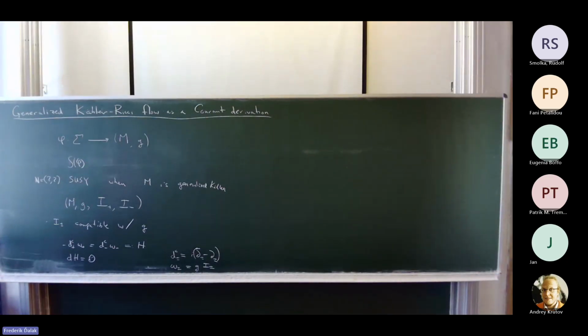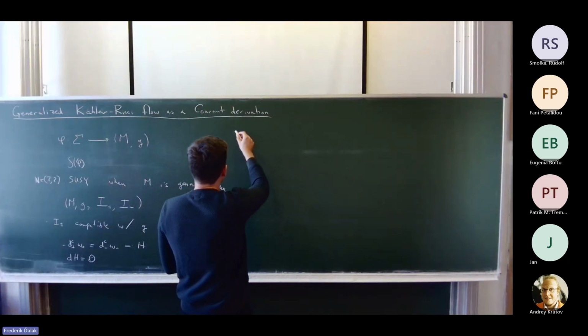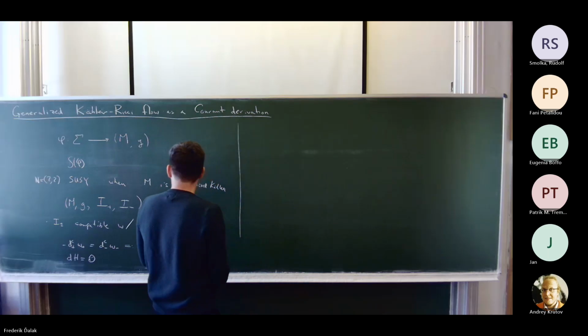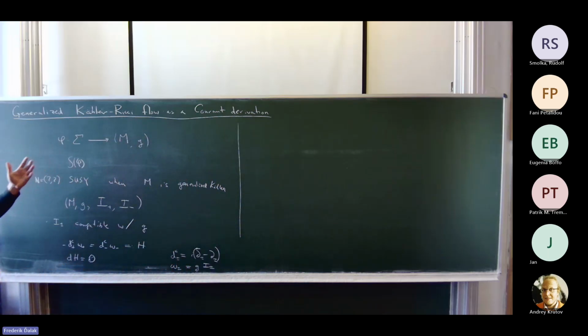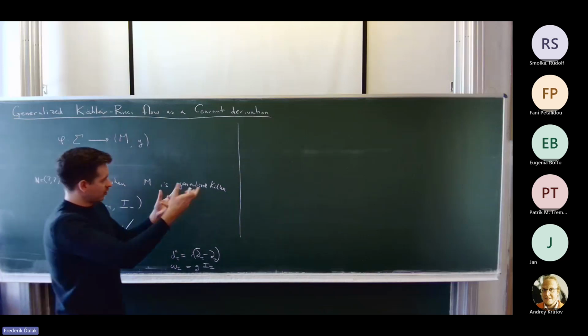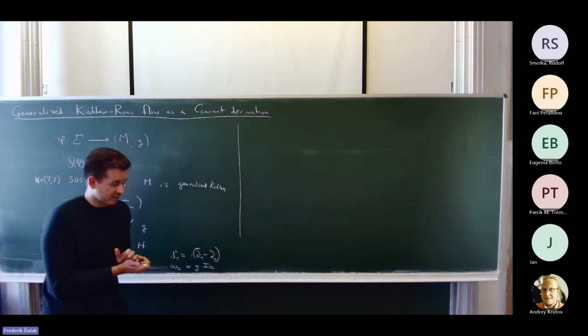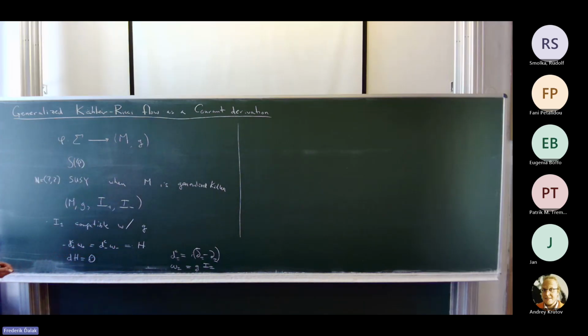So this is what generalized Kähler geometry is. It's also important for the physical system to know when you can quantize it, and in order to do that, you have to do this process called renormalization group flow. The physicists found a particular form of renormalization group flow for a Riemannian metric.